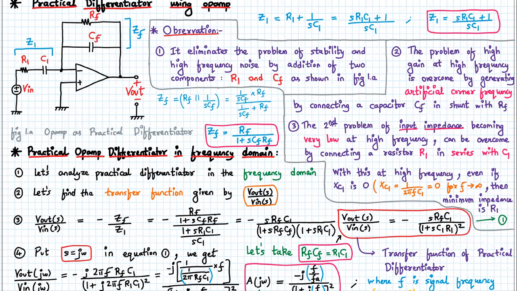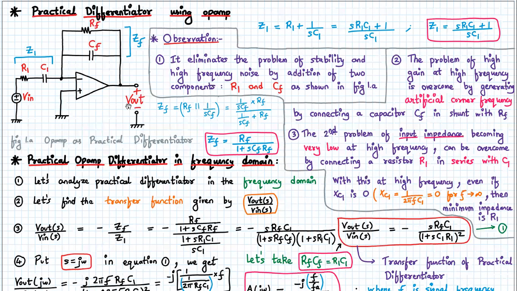Next we'll analyze the practical differentiator circuit in the frequency domain. For this, we need to find the transfer function V out of S divided by V in of S. As you know, this system looks like a general inverting amplifier system, wherein the gain of the system is minus ZF divided by Z1.